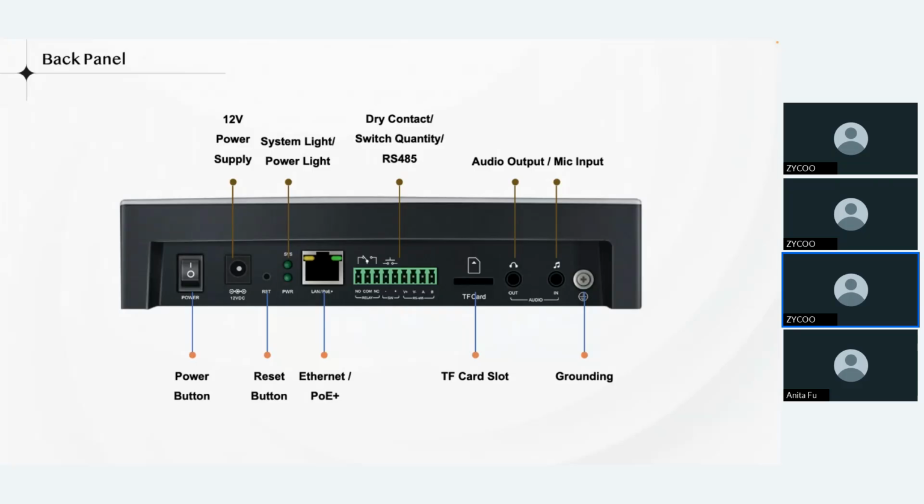And the back panel also provides some audio interfaces, including the audio output interface and the microphone input interface. These interfaces allow the M100 to connect to external audio equipment, providing you more flexibility in audio integration.